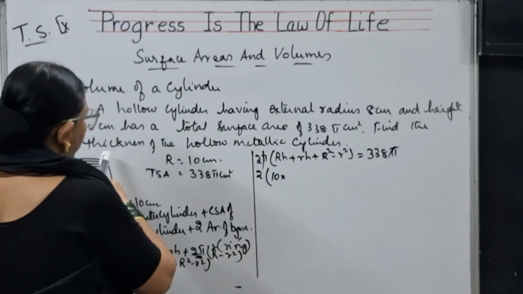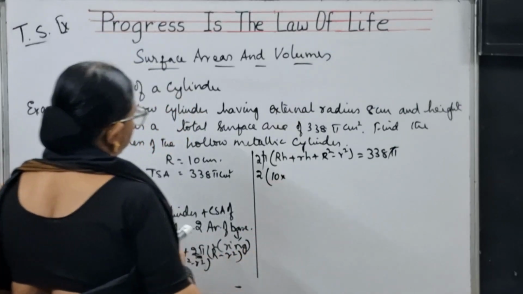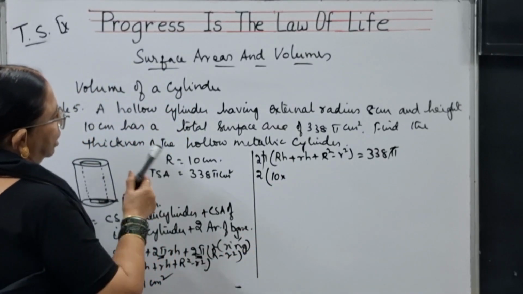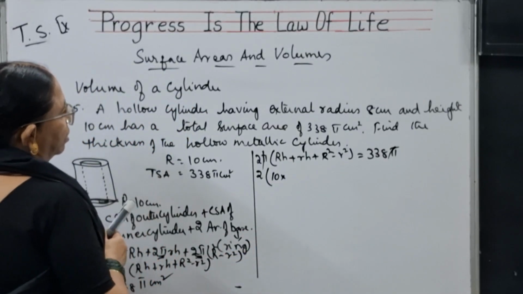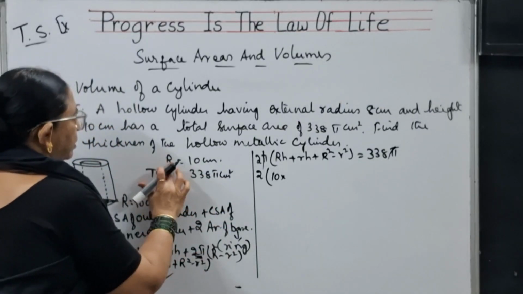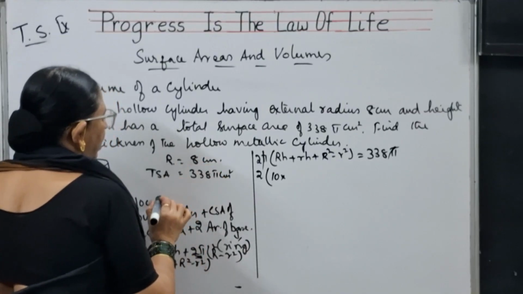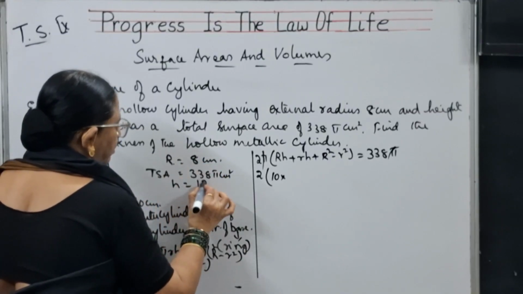What is height? They have given the hollow cylinder having external radius 8 centimeters and height 10 centimeters. Sorry children, here external radius is 8 centimeters and height they have given as 10 centimeters.